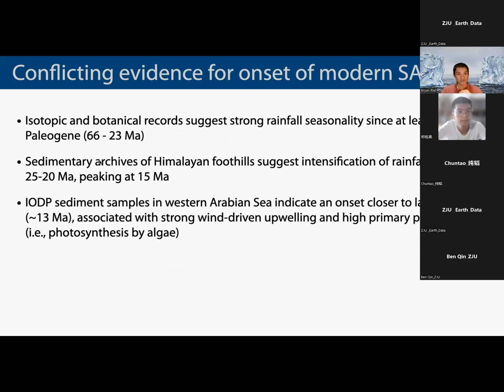Isotopic and botanical records suggest strong rainfall seasonality started at least in the Paleogene, so 66 to 23 million years ago. But the sediment archives of the Himalayan foothills suggest a little bit later intensification of rainfall, around 25 to 20 million years ago, peaking at 15 million years ago.